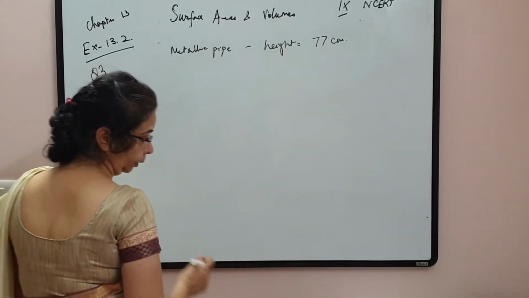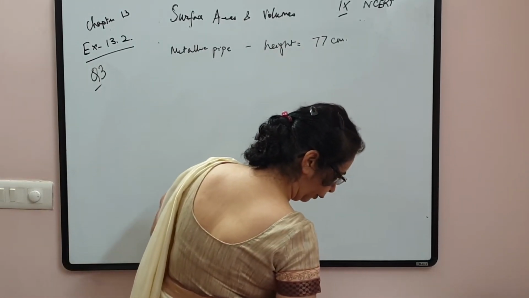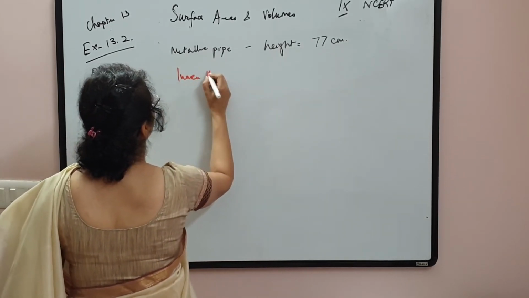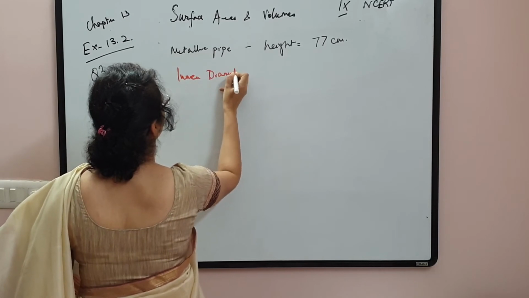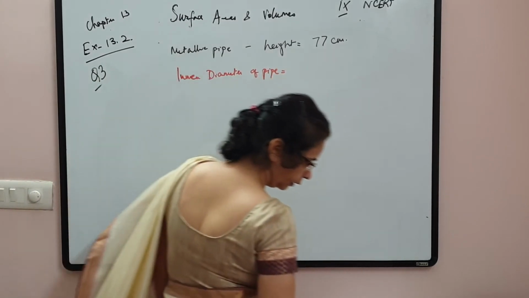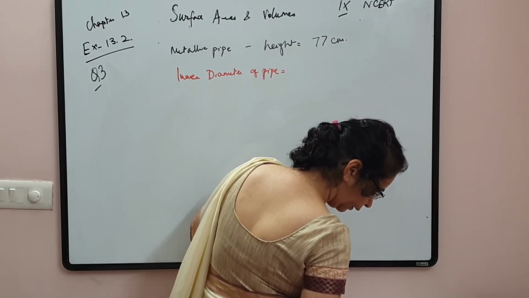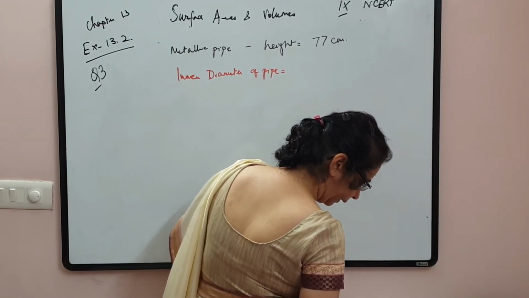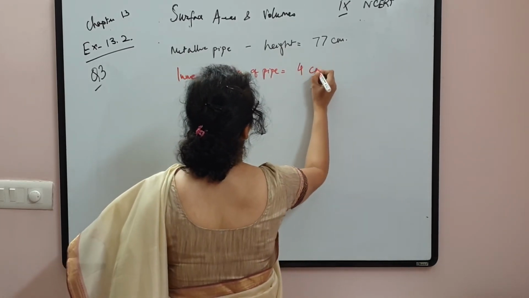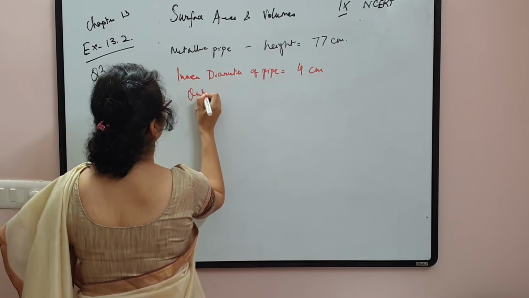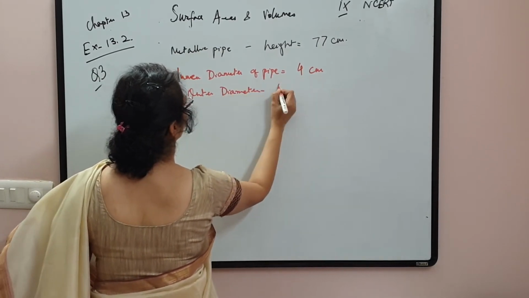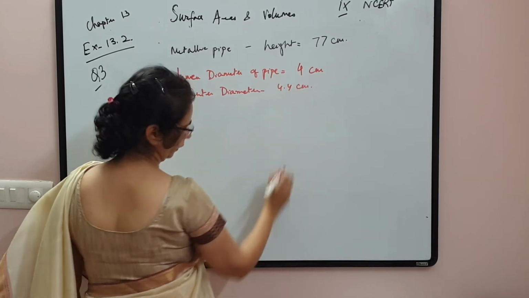The inner diameter of this pipe is 4 centimeters and the outer diameter is 4.4 centimeters.